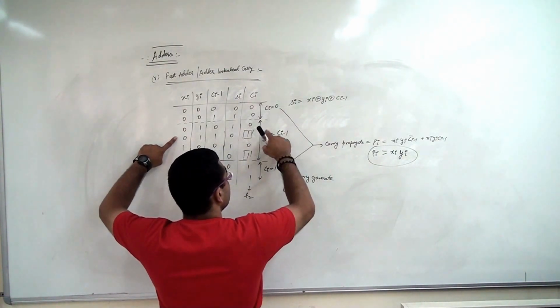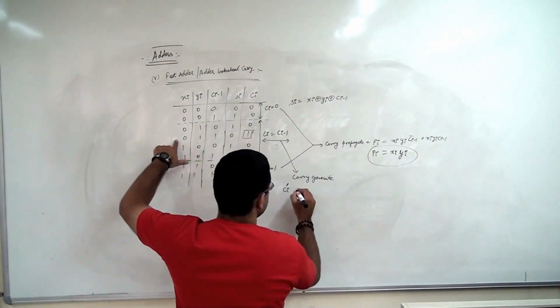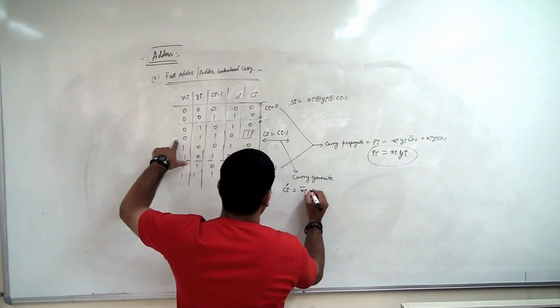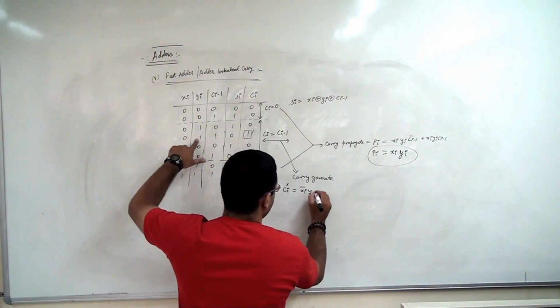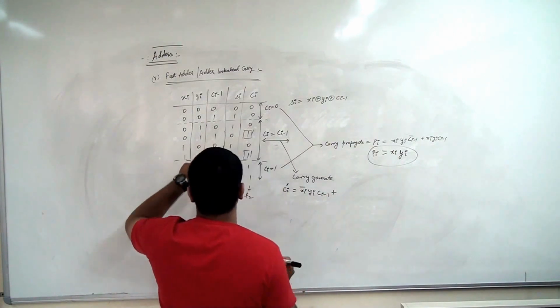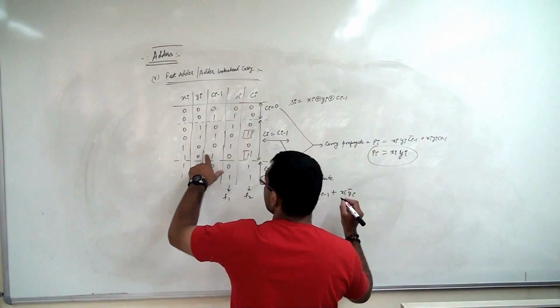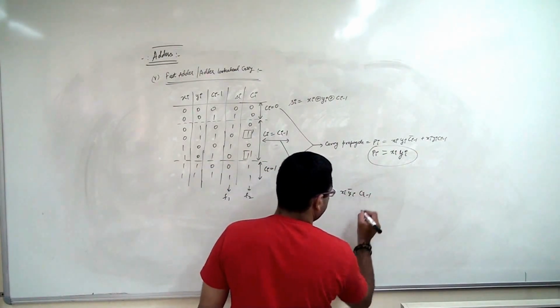Okay, this is actually a generalized expression, then I am finding the particular expression. So this I get is xi bar yi ci minus 1 plus xi yi bar ci minus 1.